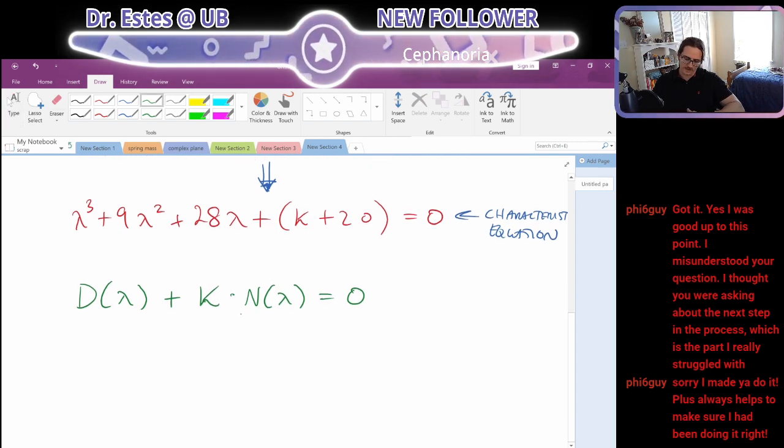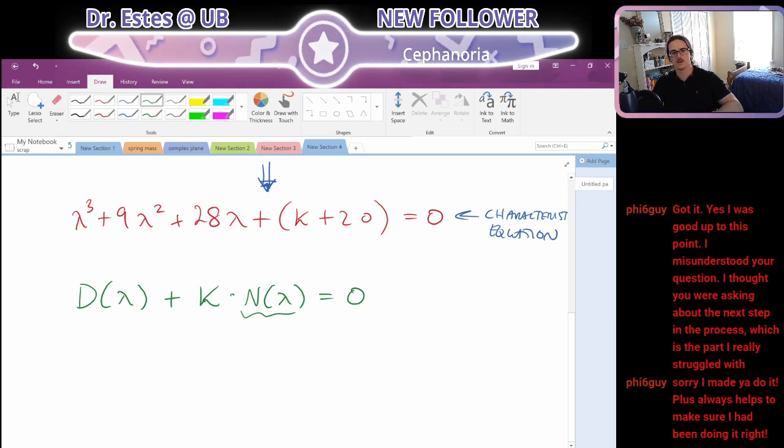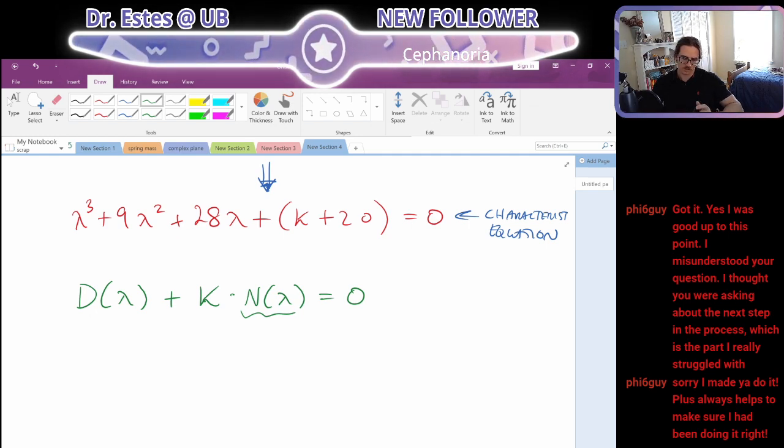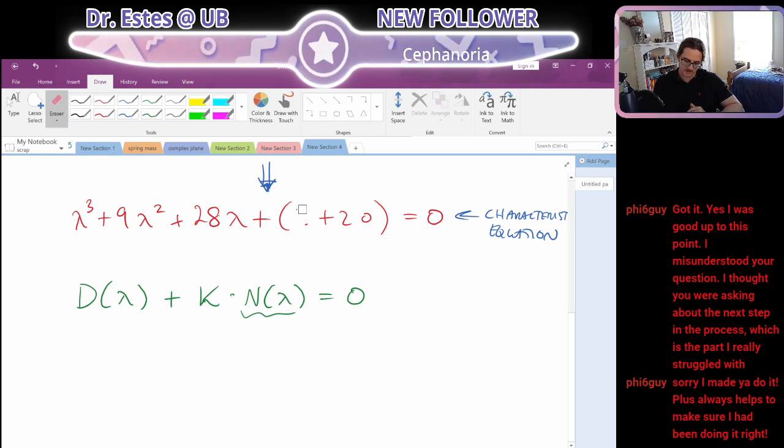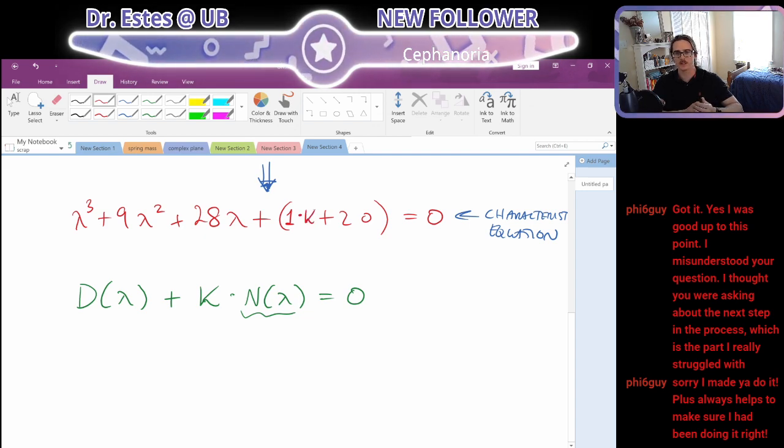So n lambda is the polynomial that is multiplied directly with k. Well, in this case, k is just being multiplied by 1 effectively. It's not being multiplied by lambda or anything.